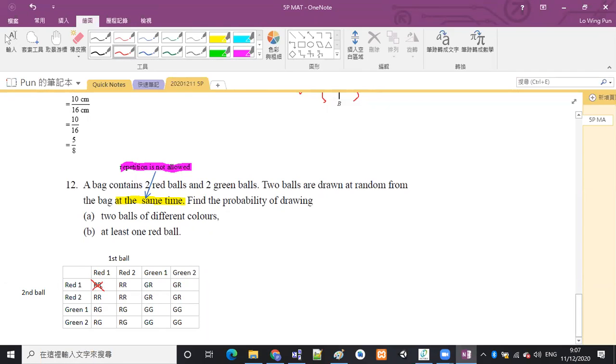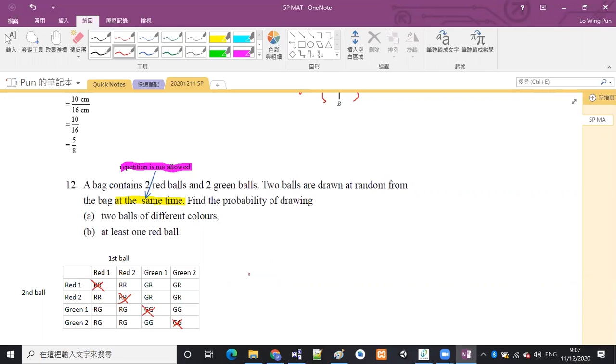You will not draw the first red ball twice, because there are 4 balls in the bag, and we draw 2 balls at the same time. Think about it, can you draw the first red ball twice? Impossible, right? Similarly, can both be red 2? No. Green 1, no. Green 2, never. Can you see this? So these 4 are not possible outcomes. They are impossible. Okay? So we cannot count them as possible outcomes.